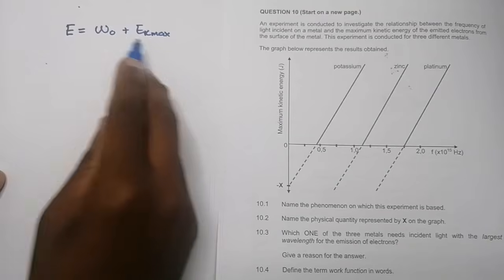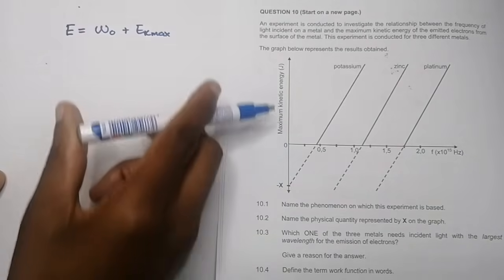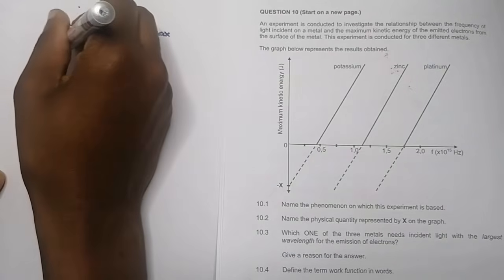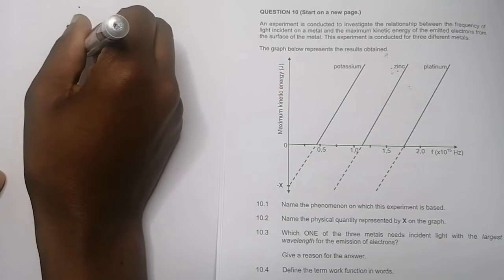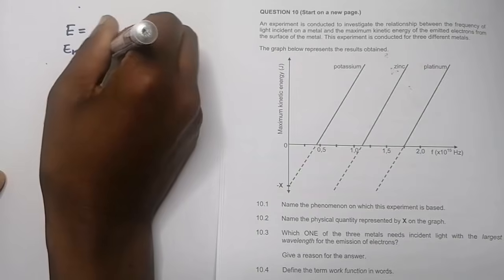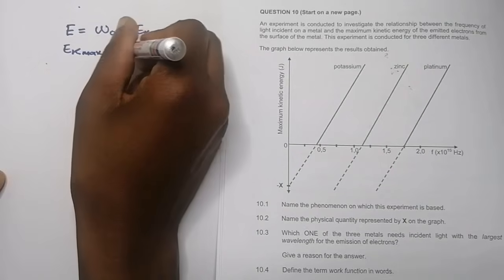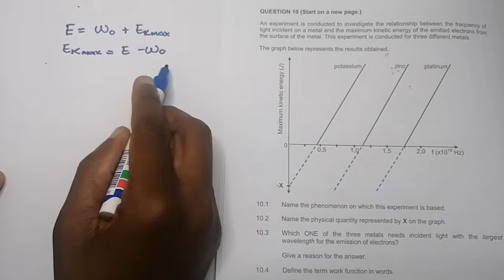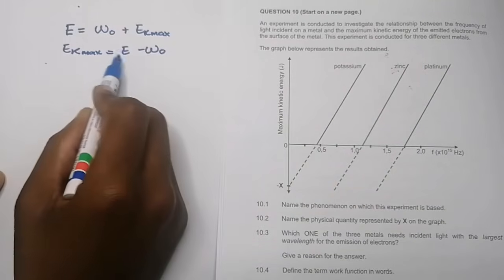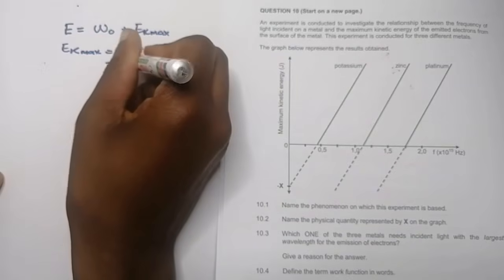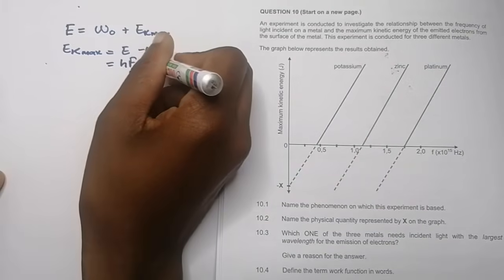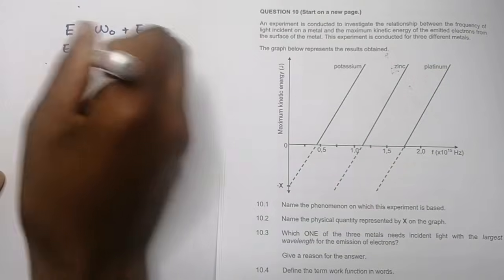But now remember, on the y-axis you've got EK max. So let's make EK max the subject of the formula. So EK max would be equal to E, and obviously minus the work function. Now in this case, where do we get the frequency? This would be hf. So we know E is equal to hf minus omega 0.